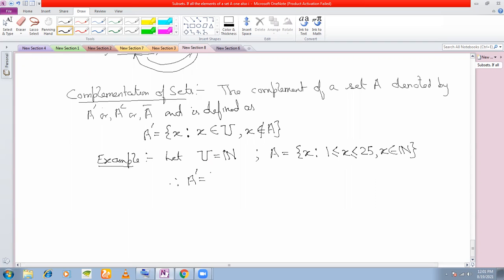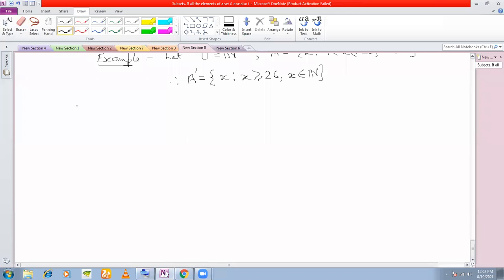A complement will be all those elements that are not in A. What does A contain? A contains all the natural numbers between 1 to 25. So A complement will be X such that X is greater than or equal to 26. Clear with the definition of complement? Any question? No, sir.